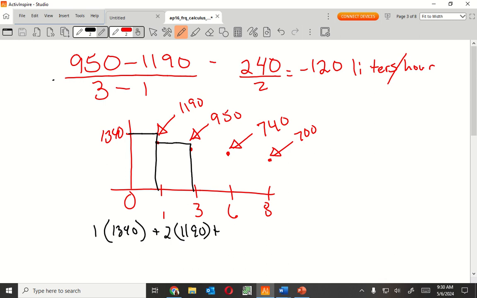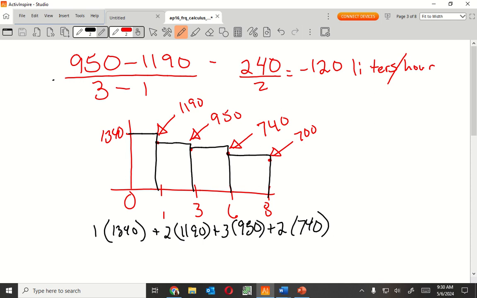Plus this one here. This height is going to be 950, and the width on this one is 3. Plus this one, my height is going to be 740 times the width, which is 2.